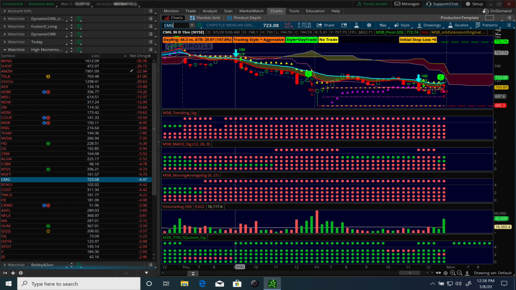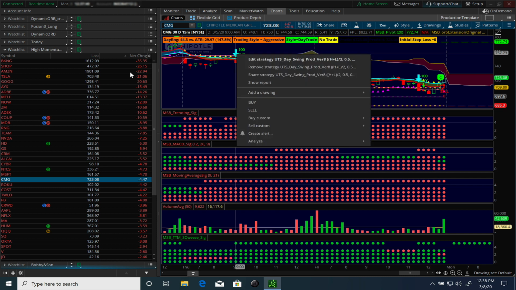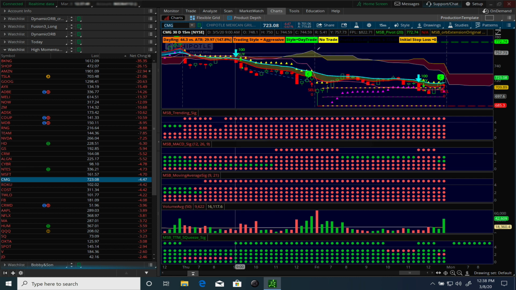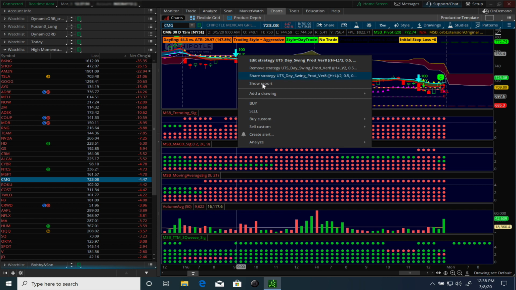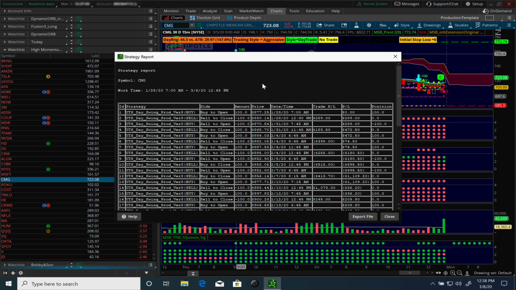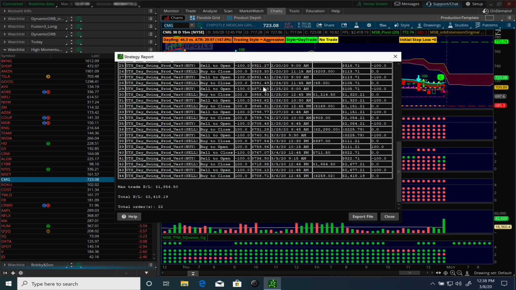And one of the other things you will notice also is that you can switch the time frames. Finally it came back to life, and we'll look at the report on this one. And so here's a profit of 2,418 on 22 trades, and this by default presumes you're trading 100 shares, but you can adjust the number of shares as well.